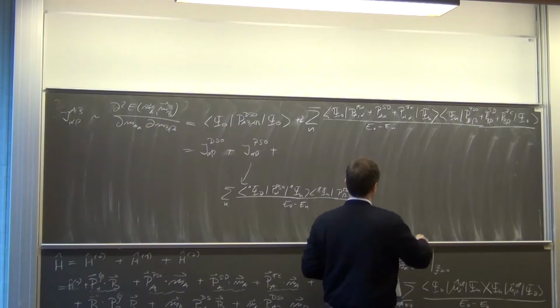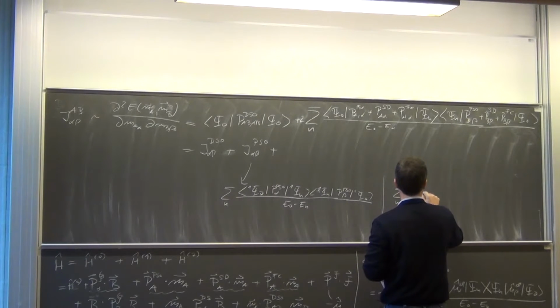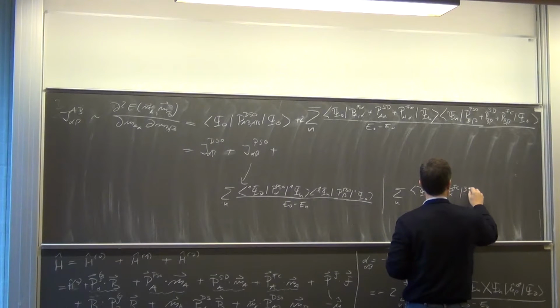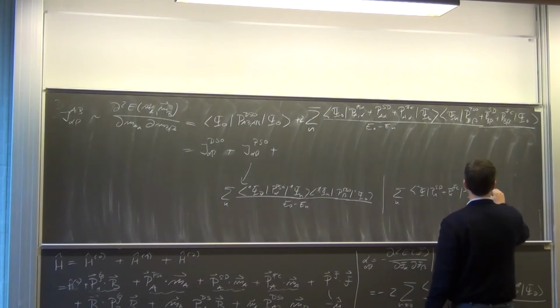But here I'm going to have then sum over n. I start with a singlet. I have this spin dipolar plus Fermi contact, alpha component, and therefore this is going to be a triplet state because of the spins.